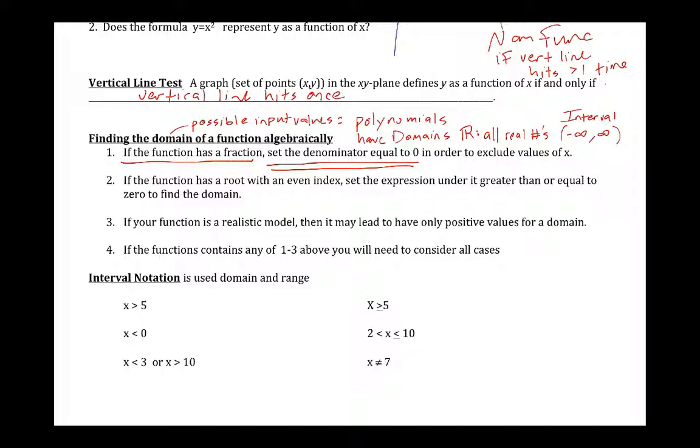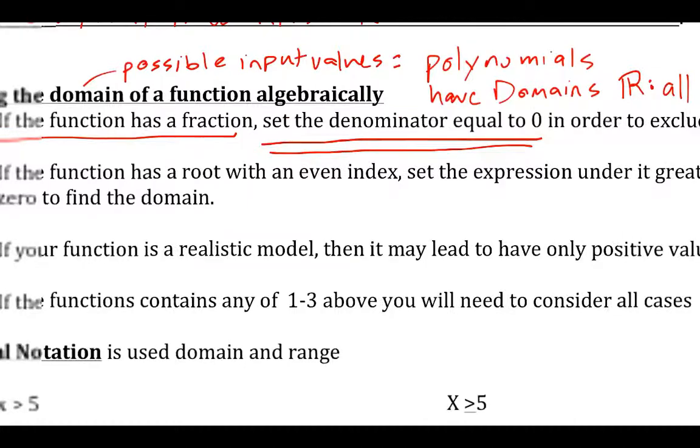If the function has a root with an even index, now that sounds funny, doesn't it? So here's what an even index is. A root with an even index, my appositive would be a power of 2, 4, 6, 8, etc. So a 4th root, that's an even index.